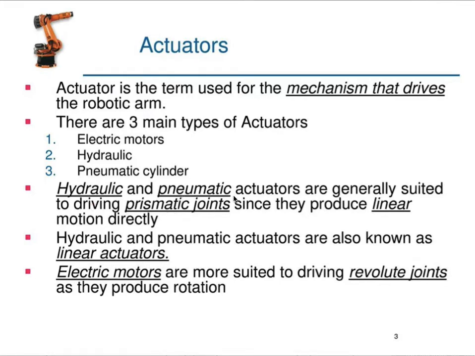Hydraulic and pneumatic actuators are generally suited to drive prismatic joints since they produce linear motion directly, and are also known as linear actuators. And electric motors are more suited to driving revolute joints as they produce rotation, isn't it?